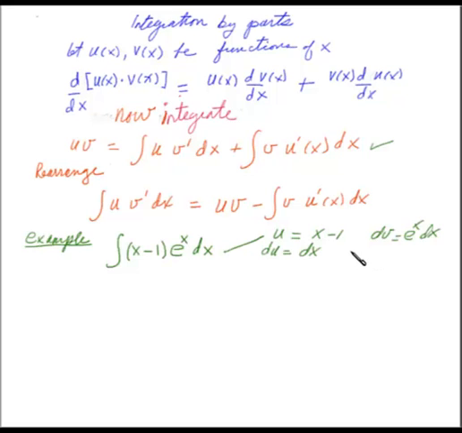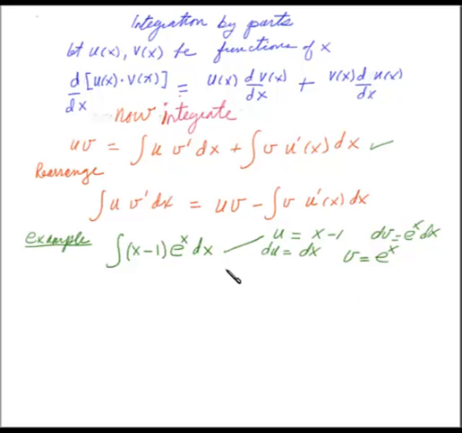And now how would I find v? v would be equal to the indefinite integral of e to the x dx. I mean, if I've got dv equal to e to the x dx, then if I take the indefinite integral of both sides, I get v on the left and e to the x on the right.